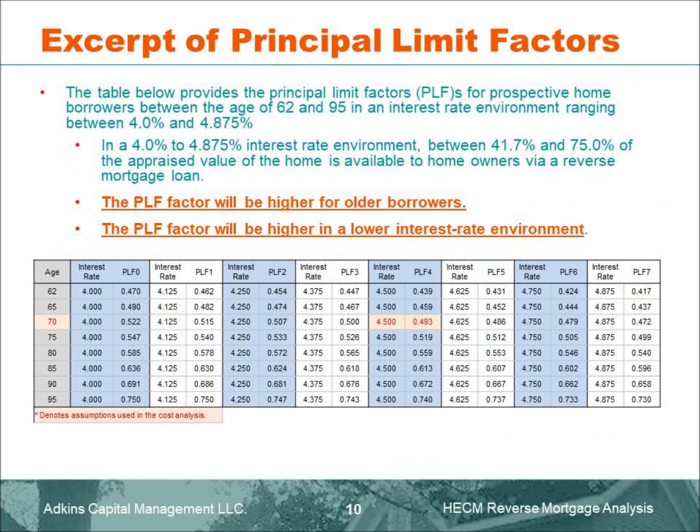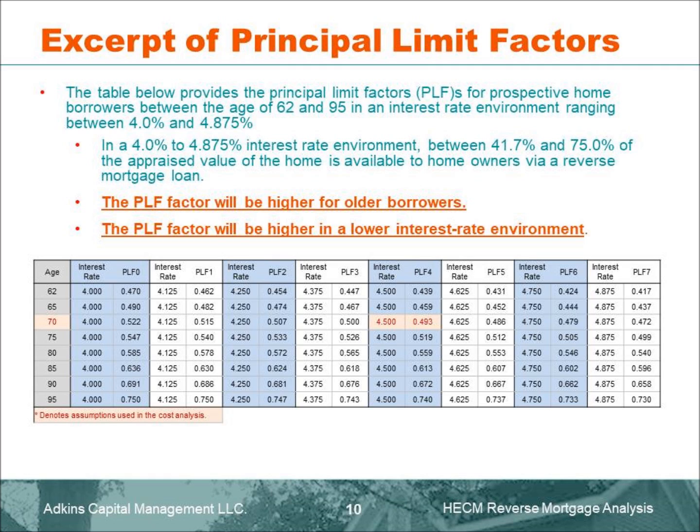As an example of the PLF factor tables that can be found on the HUD.gov website, the table below provides the principal limit factors for prospective home borrowers between the age of 62 and 95 in an interest rate environment ranging between 4% and 4.875%.